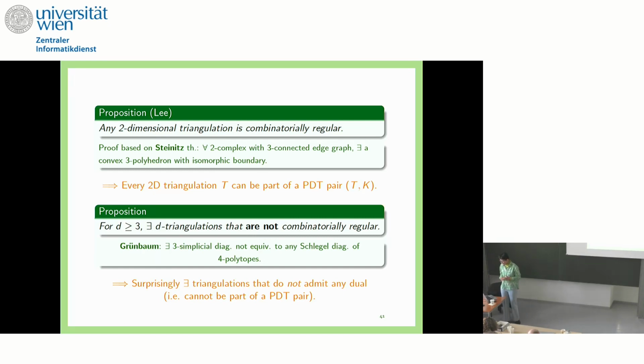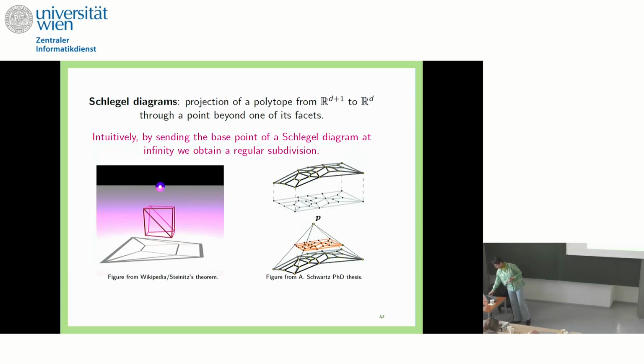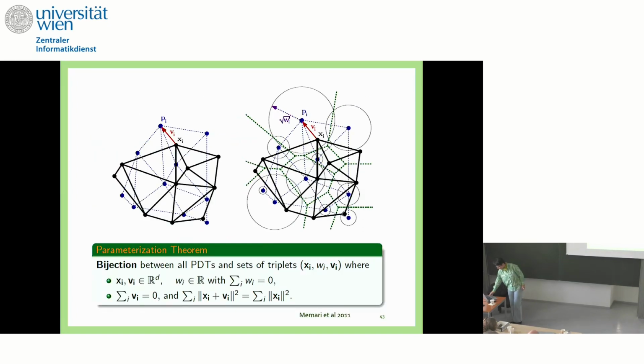And the fact, which is very surprising to me, is that for dimension more than 3, there exist triangulations that do not admit any compatible dual in a combinatorial sense. There are some counterexamples given, so I would refer you to our paper to see them. It's quite hard to imagine, and it's linked to the notion of Schlegel diagram, which is equivalent, but nothing important.